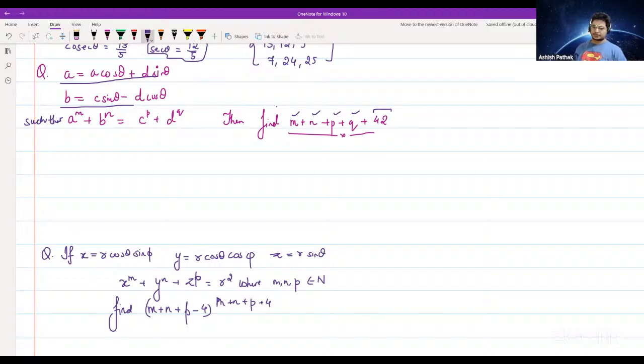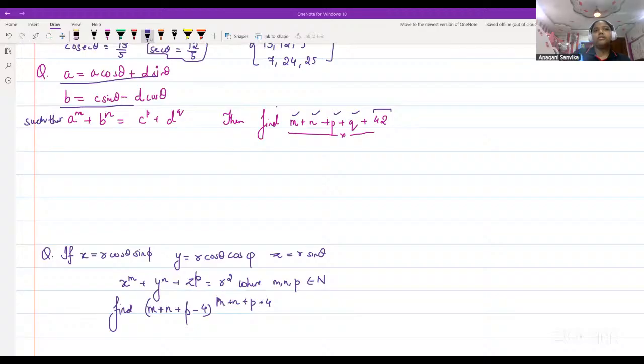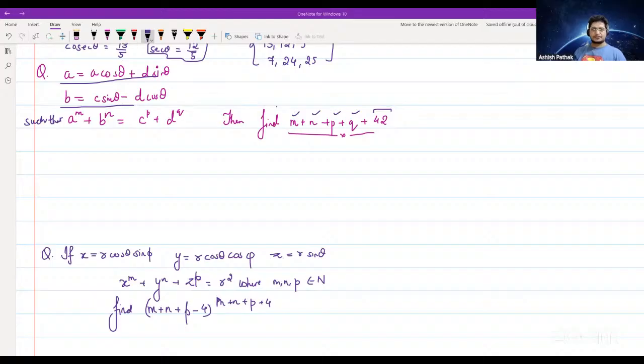Have you understood how you will do the first question? Tell me the steps. How will you solve the first question? By substituting the values of A and B. Will that be good? Because if you can see here, we have d sine theta and d cos theta. Everything will be something else.